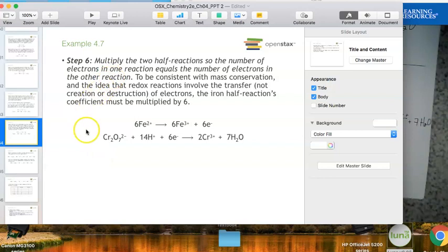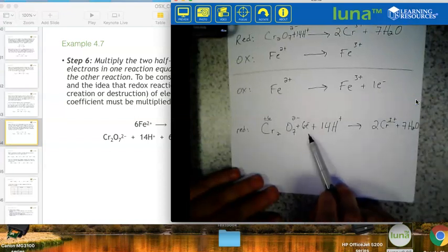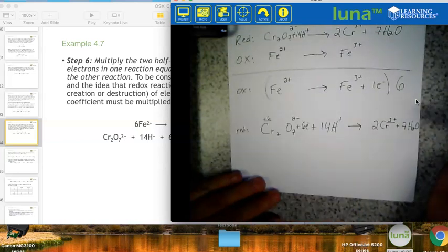Step 6, we multiply the 2 half reactions so that the number of electrons in one reaction equals the number of electrons in the other. Looking at our electron numbers, here we have 1 and here we have 6. Sometimes you have to multiply both half reactions.